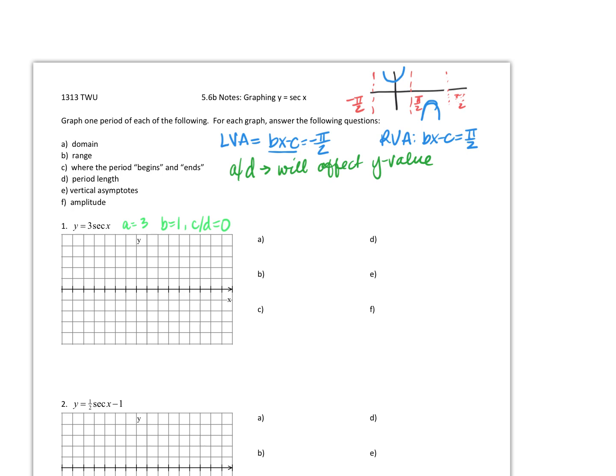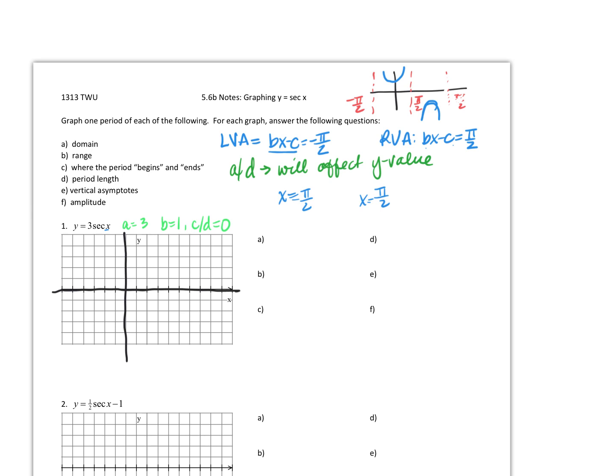So let's first do our asymptotes here. Notice everything with x, there's really no difference, right? It's just going to be our regular original asymptotes, negative pi over 2 and pi over 2, because there's a 1 for b and a 0 for c, so there's no change in those. So now on your graph, there's no y-axis, so you're going to have to build in a y-axis where you think it fits.